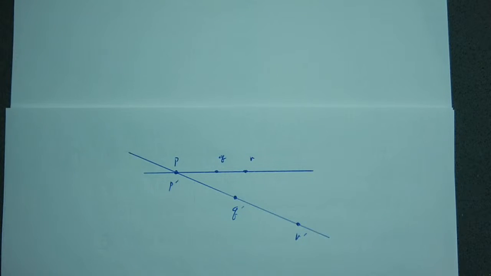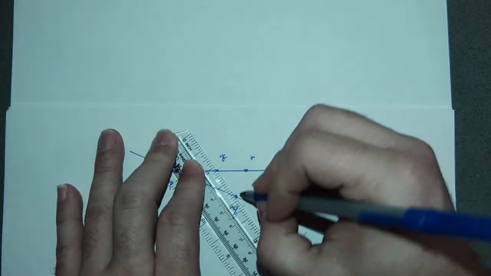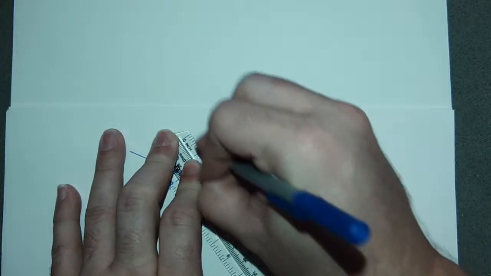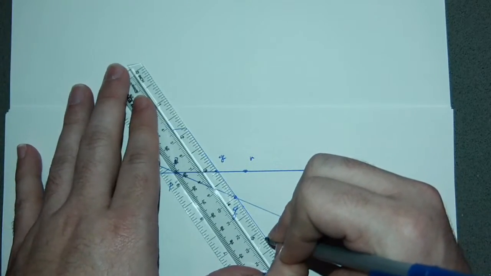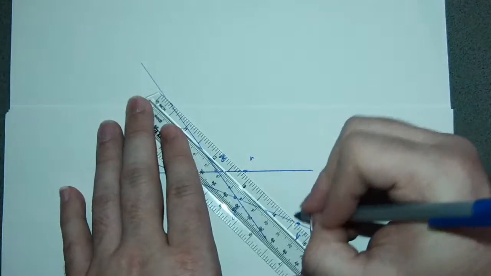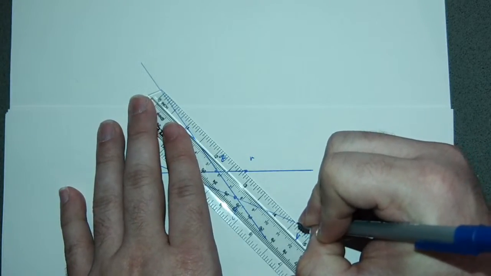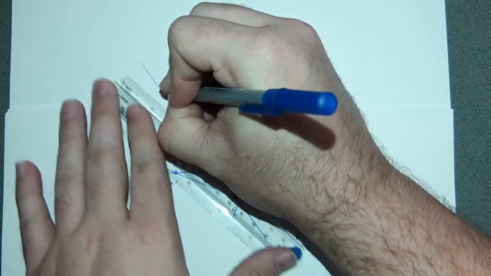Okay, so what do we do here? Well, the idea is that I draw in these lines. Well, I didn't have my straight edge far enough up, so I draw in these lines. All right, and here's more. I'm gonna have to move my straight edge.